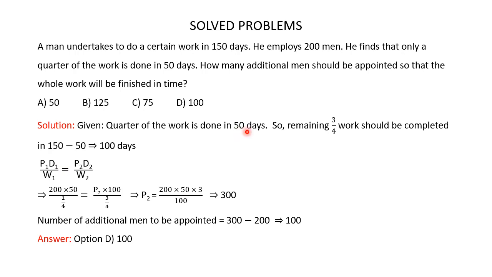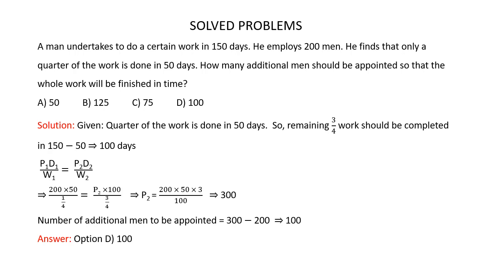And W1, the amount of work done, is 1 by 4. Now D2, the number of days, is 100. W2, the amount of work done, is 3 by 4. And we have to find out P2, the number of men who can do the remaining 3/4 of the work in 100 days.